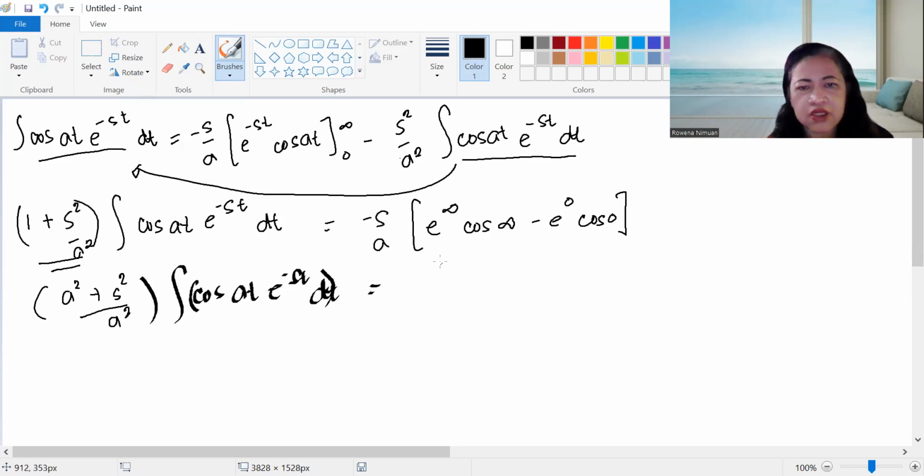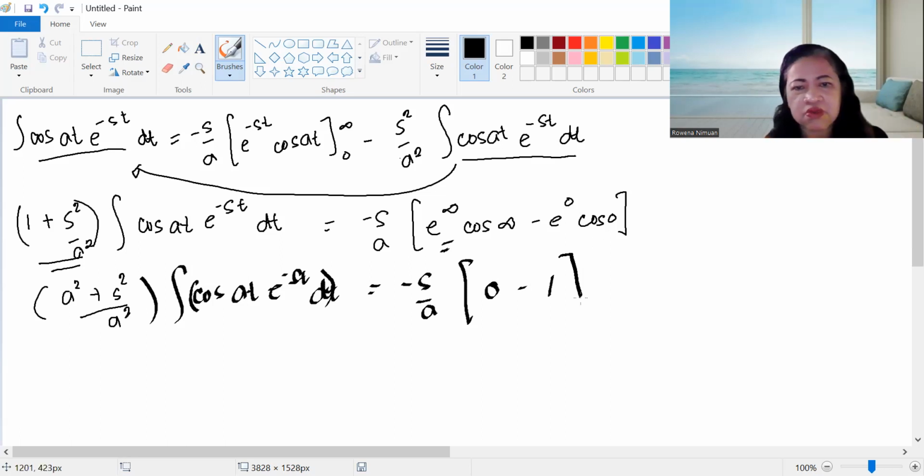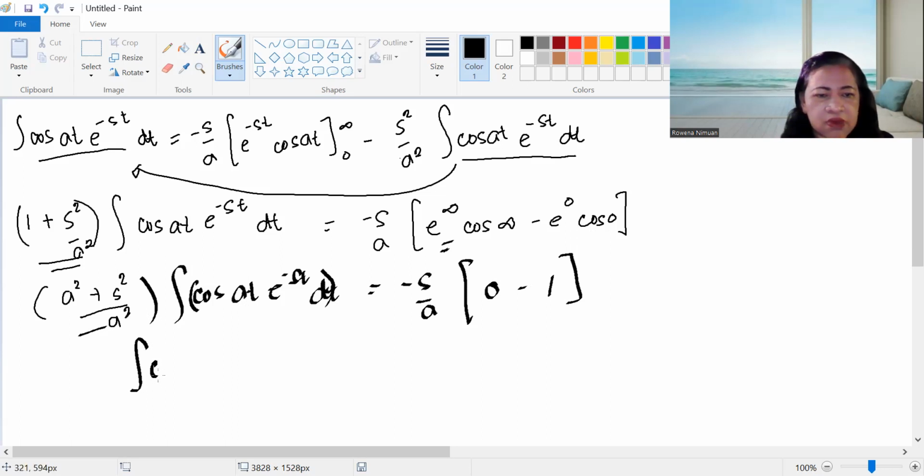It's equivalent now to negative s over a. If I introduce here, e to the infinity is 0 minus e to the 0 is 1, cosine of 0 is 1, so that will become 1. If I bring this down here, what remains is the original equation of cosine of at e to the negative st dt.